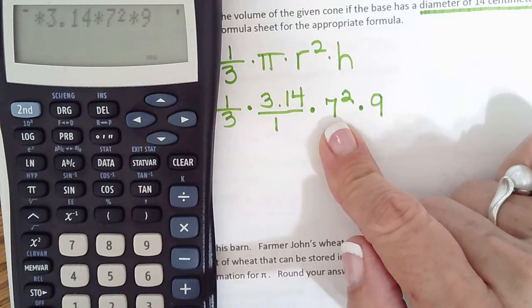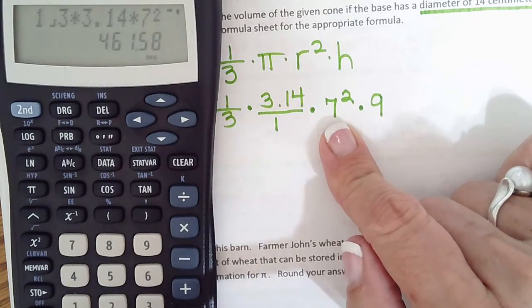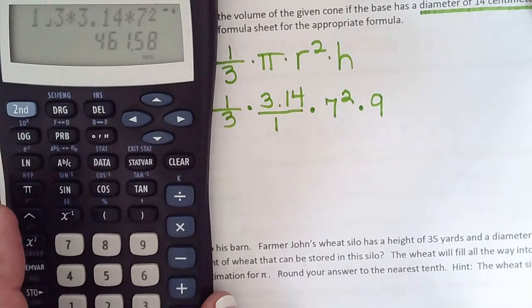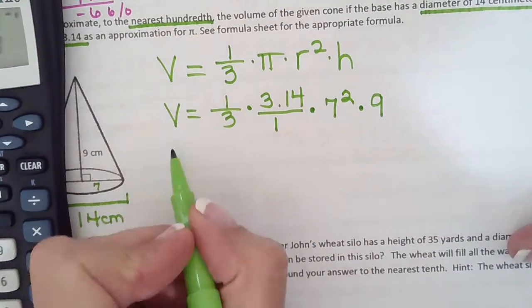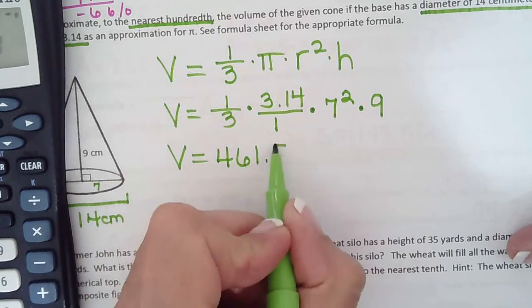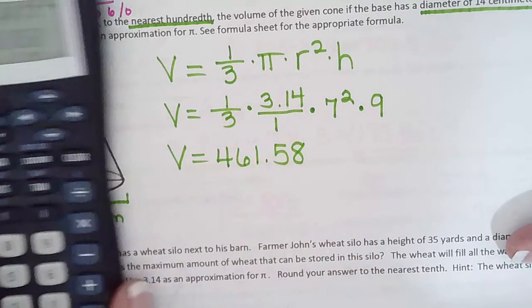So I type it just like I see it. 461.58. So V equals 461.58.